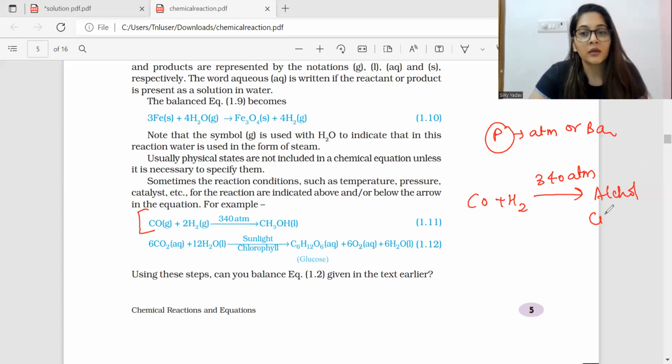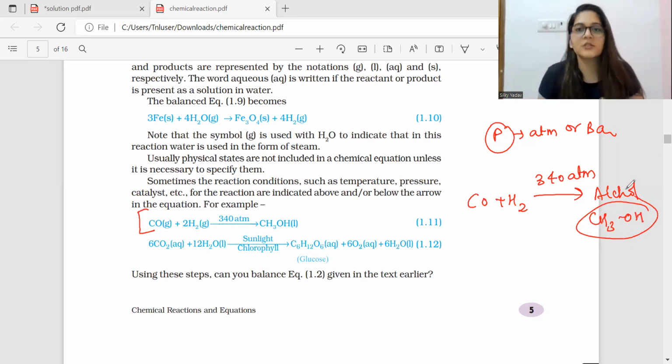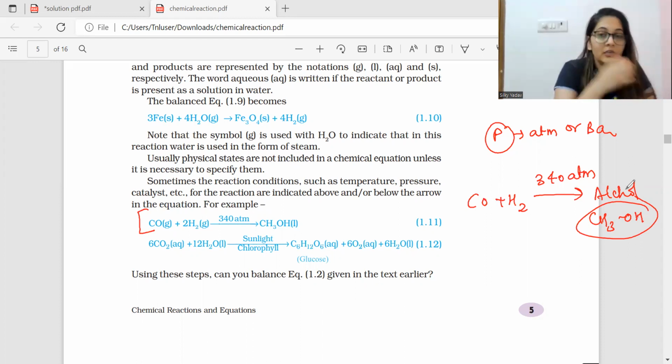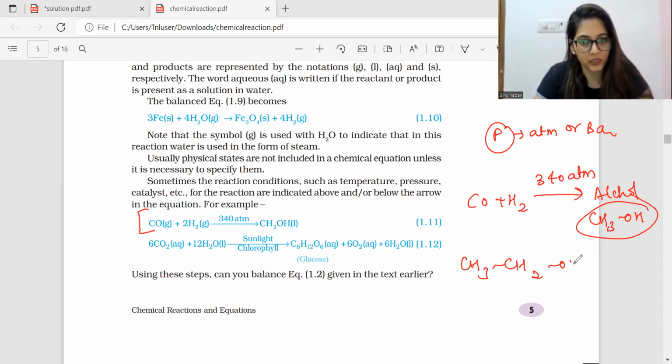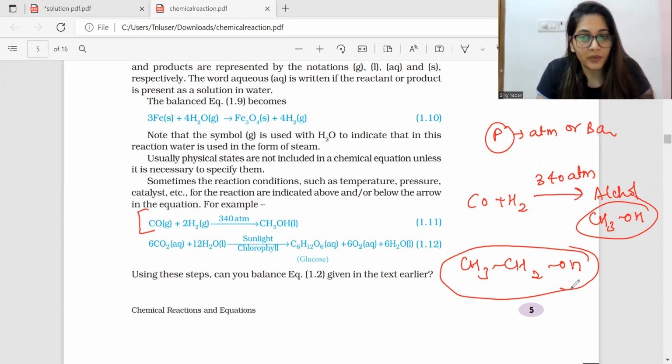And which alcohol? Methanol. Should I tell you one very interesting thing about this methanol? In earlier times, this methanol used to be used for painting of the walls, the tables and the almirahs. But later on, because this alcohol is drinkable, the workers started taking it home and drinking it, and the companies were seeing a very big loss because these workers were not concentrating on the work.